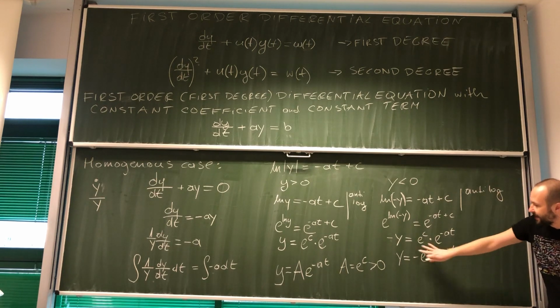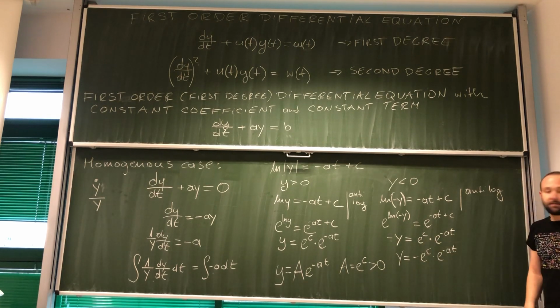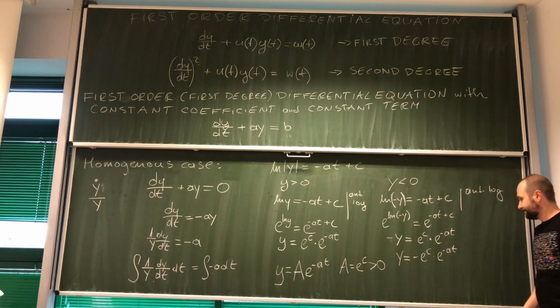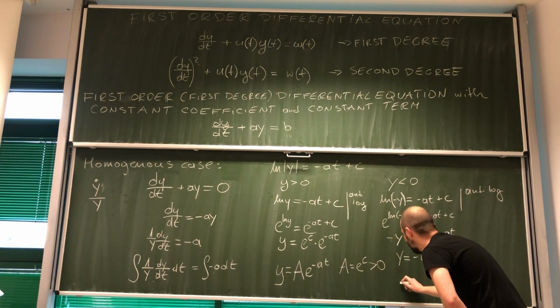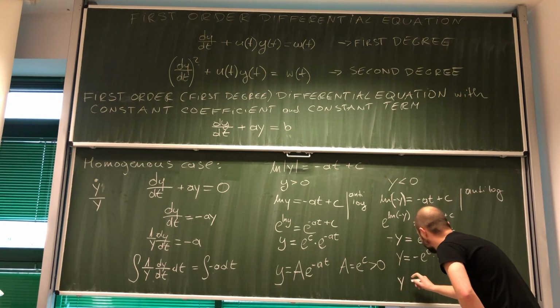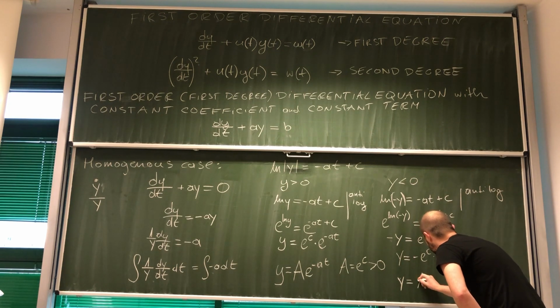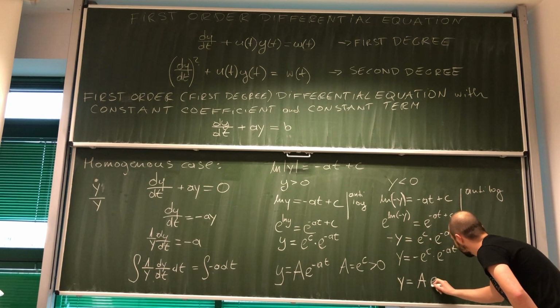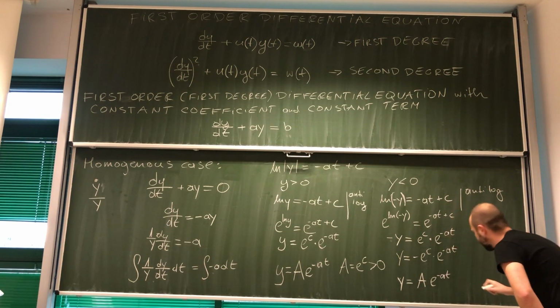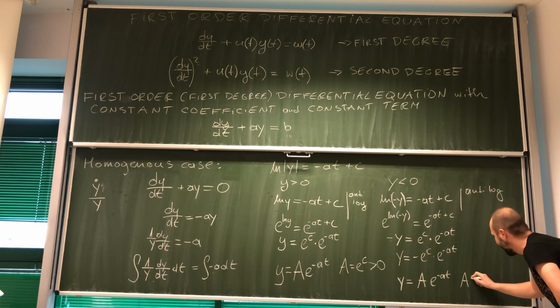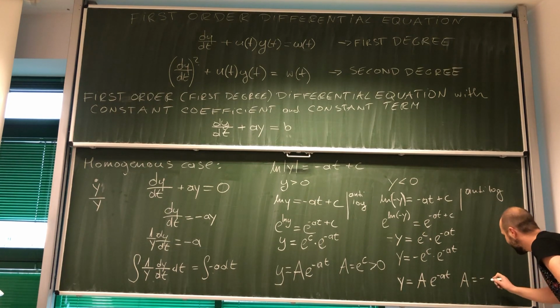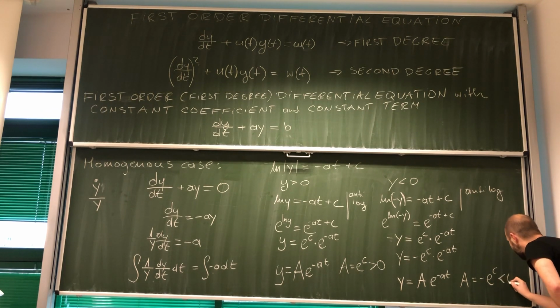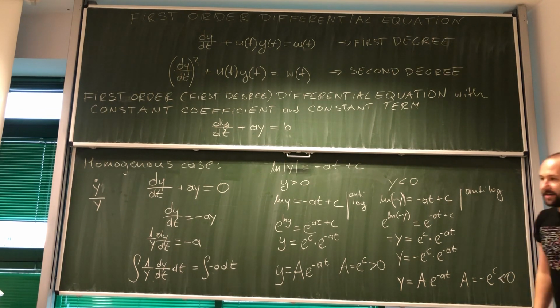And again, I can just replace it with the constant A. And now our constant A is equal to negative e to the power of c, which is clearly lower than 0.